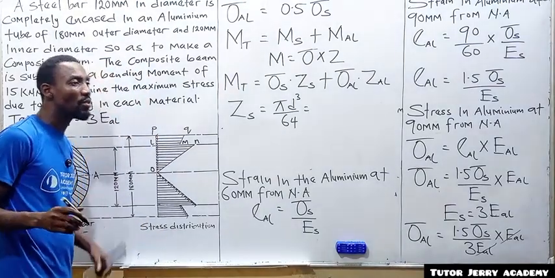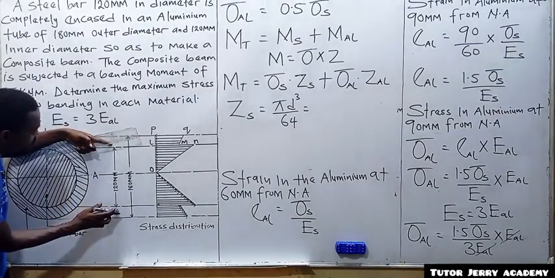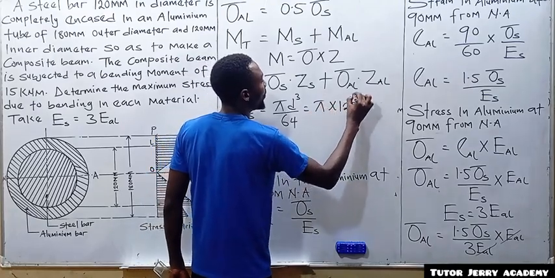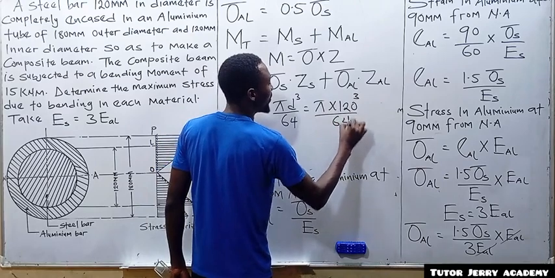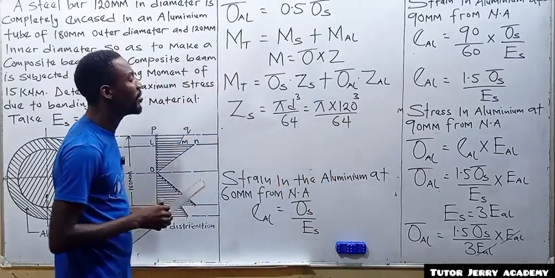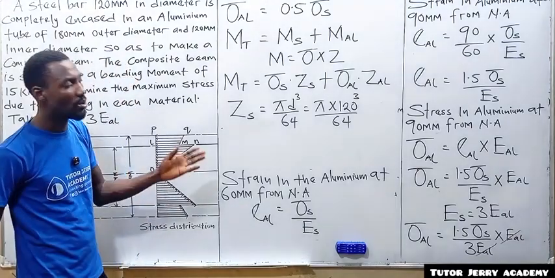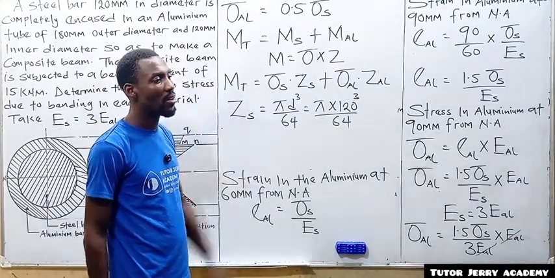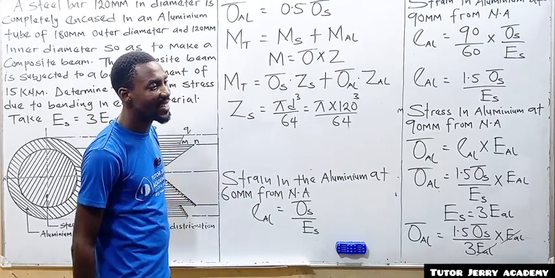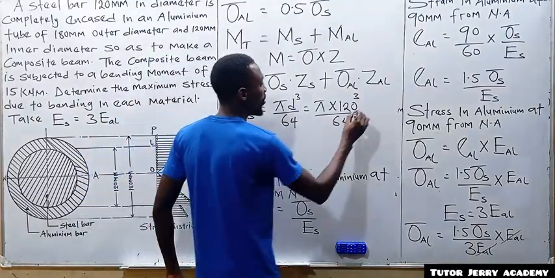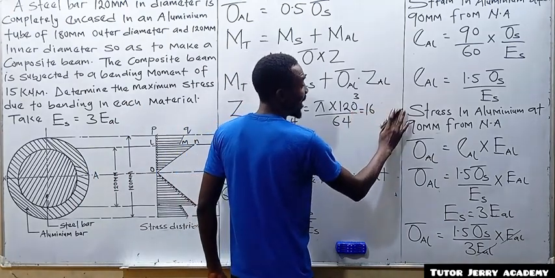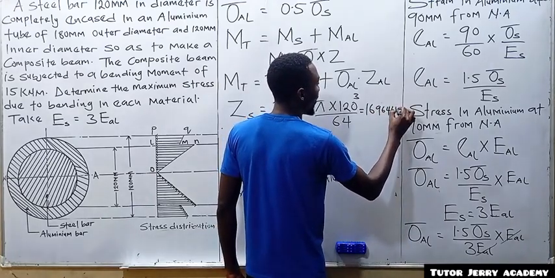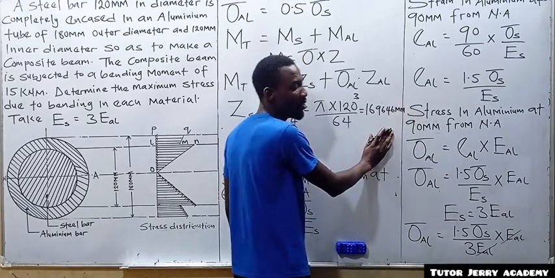Our d for the steel is 120, so this is pi multiplied by 120 to the power of 3 divided by 32. Pressing this in your calculator, with pi as 3.142, you get 169646 mm to the power of 3.